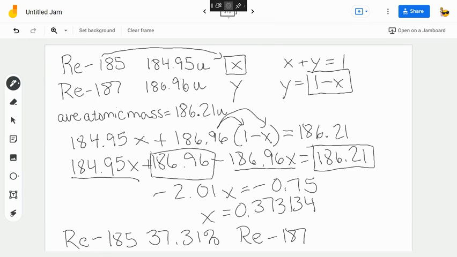So 1 minus 0.37314. The other thing I can do is take 100 minus 37.31, and I get 62.69%. So that's as tricky as these problems get. And it's a good math skill to practice.